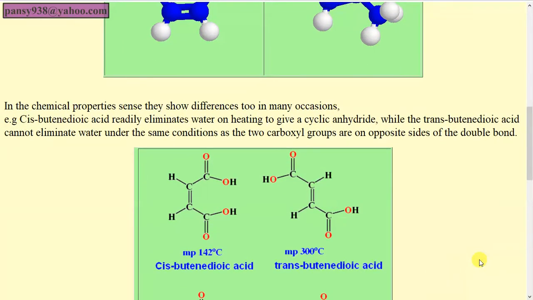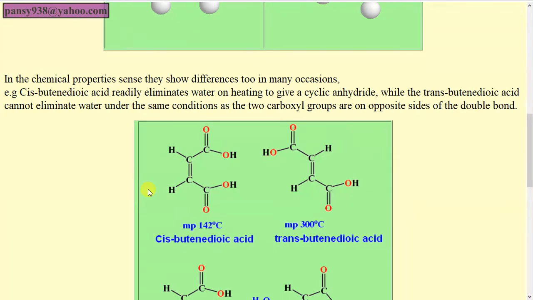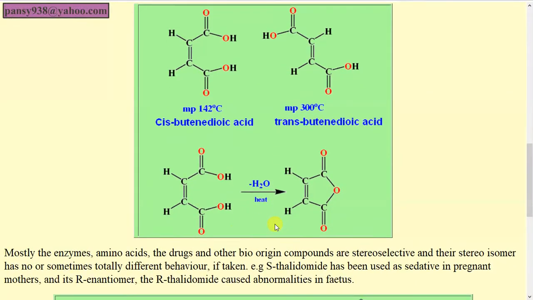You see in their structure that in the cis isomer, both hydroxyl groups are at the same position, so water is readily eliminated from the molecule, giving the anhydride. And here is the reaction.